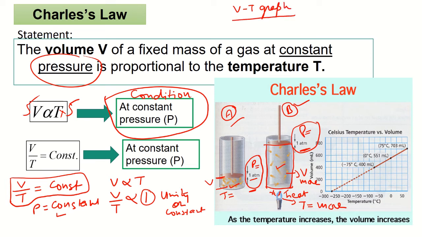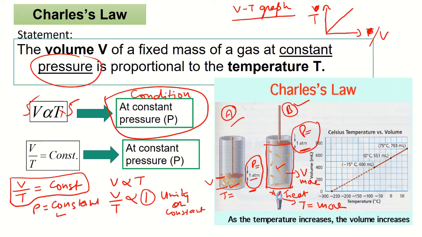The Charles graph is between the volume and the temperature. So this is the temperature here, and this is the volume here, or we can take anything on any axis. I can take volume here and temperature here, so there is no harm in both cases. The shape of the graph is like this.